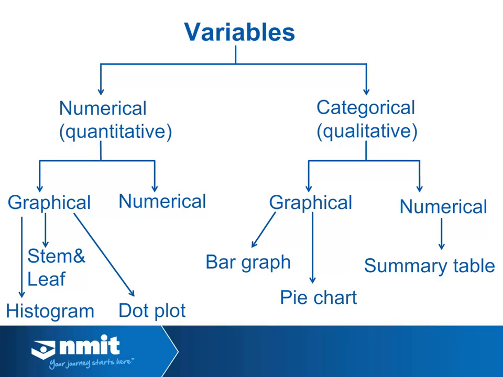So here's that flowchart summarizing the different types of variables again, with numerical / quantitative on the left and categorical / qualitative on the right. And both these types of variables have methods for summarizing them.